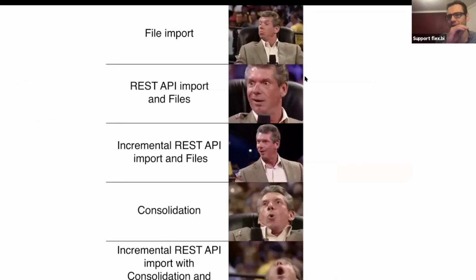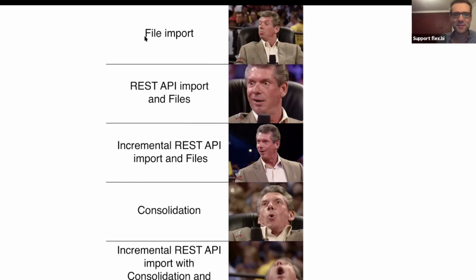So to wrap it up, I was testing the new version, trying different scenarios, and this is kind of how I felt about our imports right now. In the first Flex.bi versions, there was only file import available.